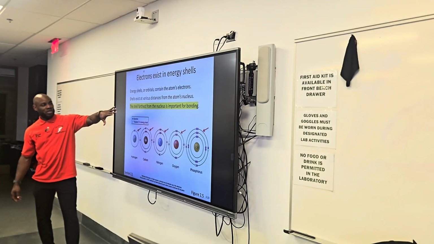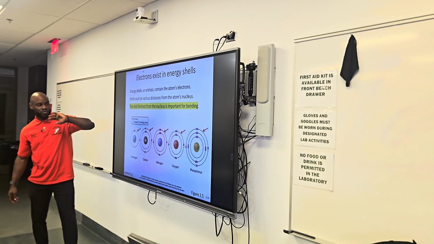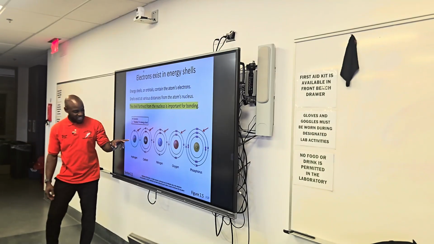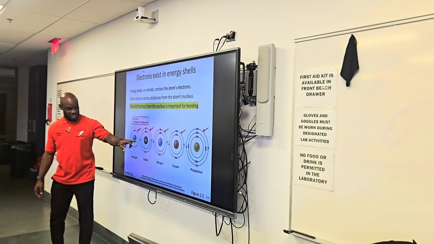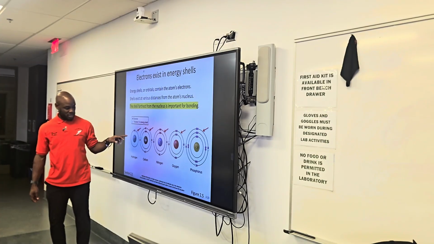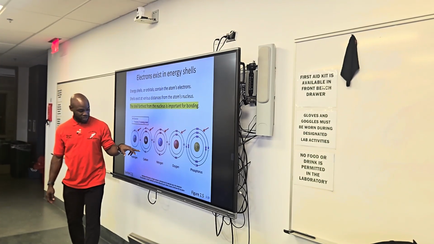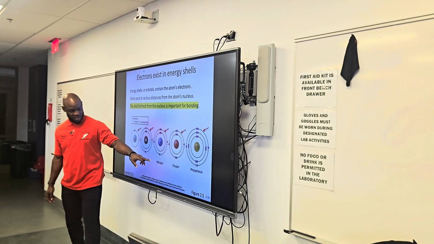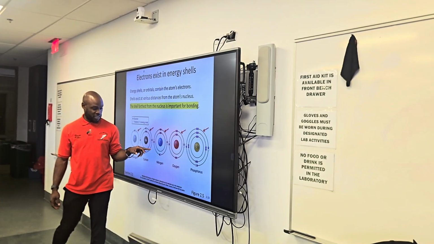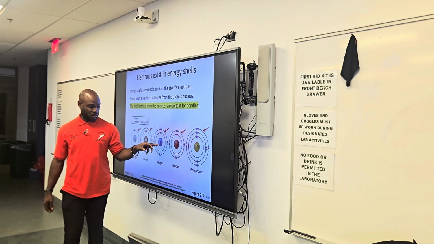Energy shells, or orbitals, contain the atom's electrons. These shells exist at various distances from the nucleus. The shell farthest away from the nucleus is important for bonding. Whatever the outer shell is for each: for hydrogen, there's just one.